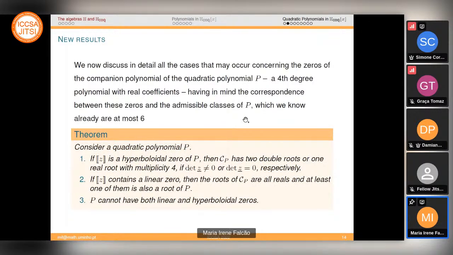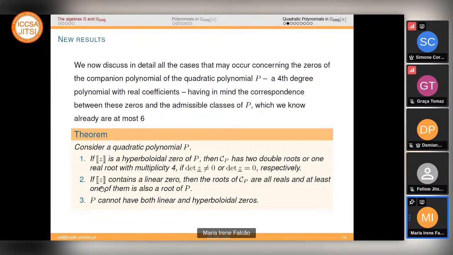Having in mind the results that I have shown you, we have proved this first theorem that says that if we have a hyperboloidal zero of P, then the companion polynomial has two double roots or one real root with multiplicity 4.